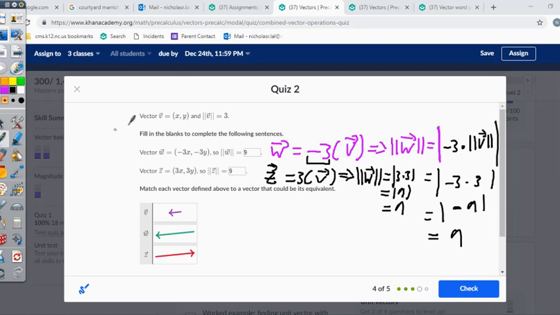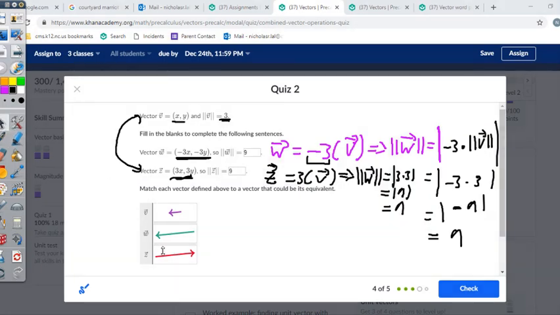So vector V and Z are both facing one direction because the x and y are positive, except vector W is multiplied by a negative, so it would be in the opposite direction. So vector V and Z have to be facing the same direction.